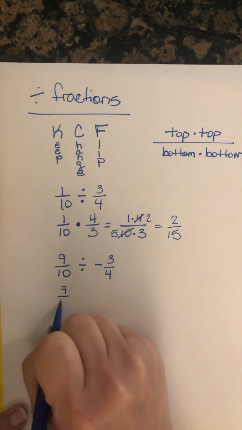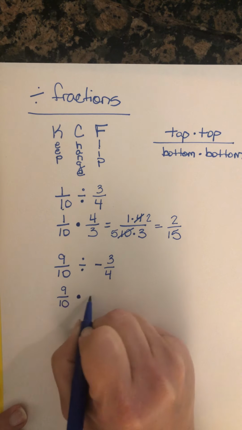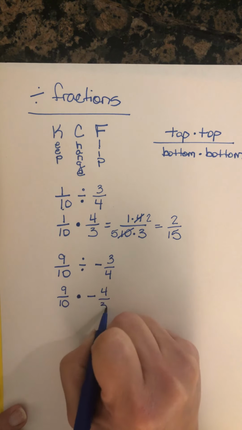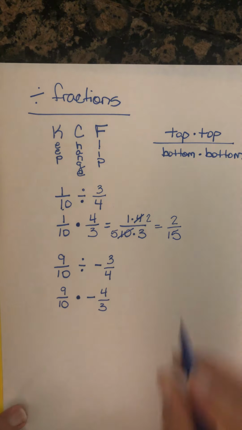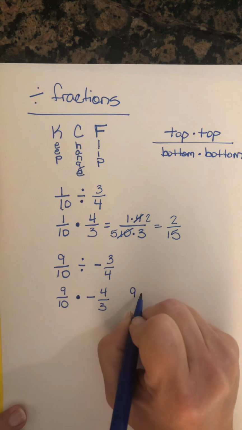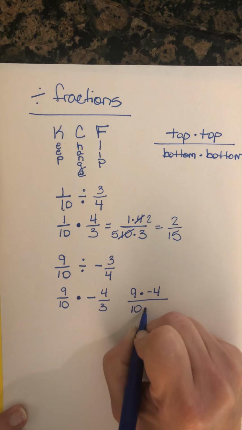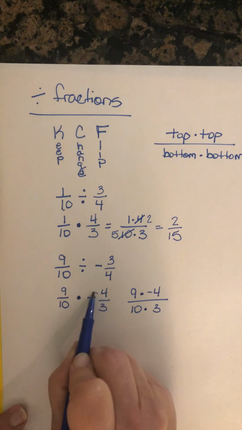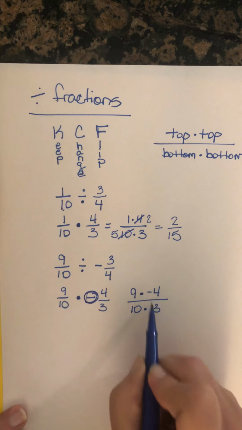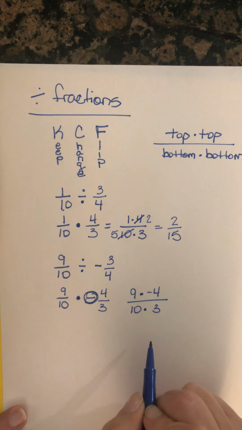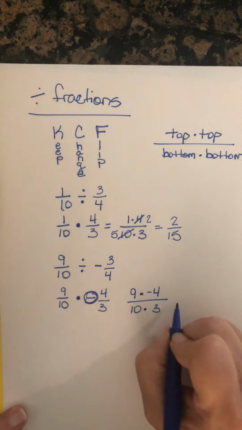Keep, change, flip. Rewrite it: 9 times negative 4 over 10 times 3. Because this is negative, it only goes with one of the numbers. You don't have to put it on both.